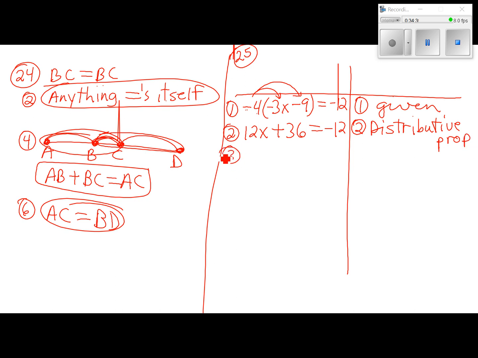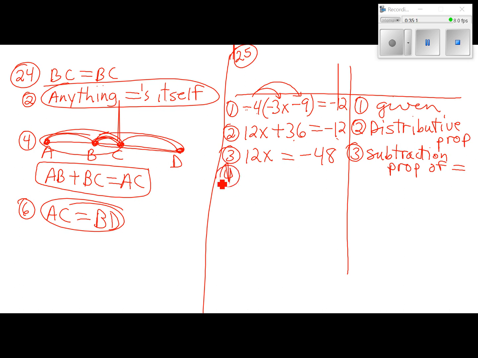Number 3, next thing we're going to do is we're going to subtract this 36 on both sides. When we subtract 36 on that side, there are 2 negatives, so we're just going to add them together. So it's going to be 12x equals negative 48. And there we use subtraction property of equality, because we did something to, but we did the same thing to both sides of the equal sign.